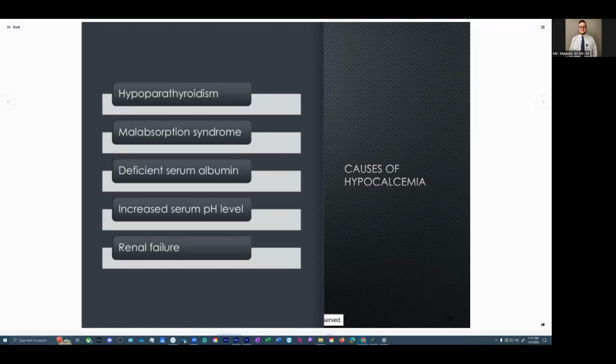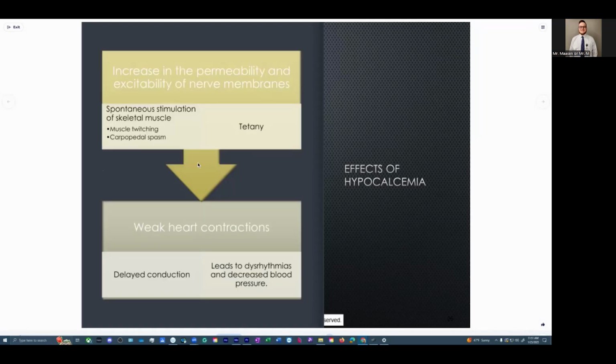And that also means our kidneys are probably retaining things like phosphate. Phosphorus is another electrolyte that tends to have an inverse relationship with calcium, meaning they're balancing each other out. So if our kidneys retain a lot of phosphorus, or phosphate, excuse me, the singular term, then it's potential that we're going to have a losing battle and have low levels of calcium.